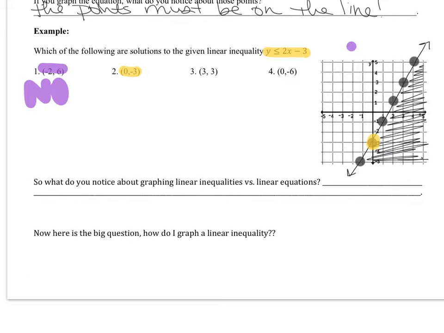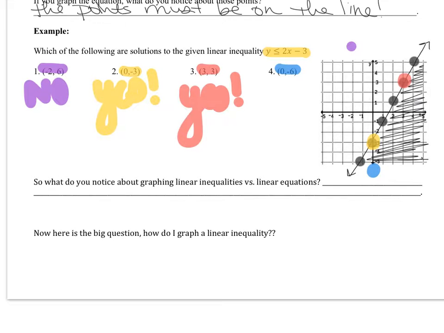So now let's do (0, -3). Is that in my shaded area or on my line? Yes. Let's do the next one, (3, 3). Is that in my shaded area or on my line? Yes. And if I do the last one, (0, -6), that's going to be down here.